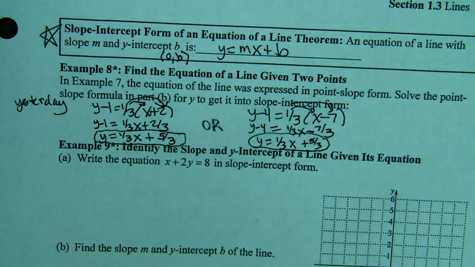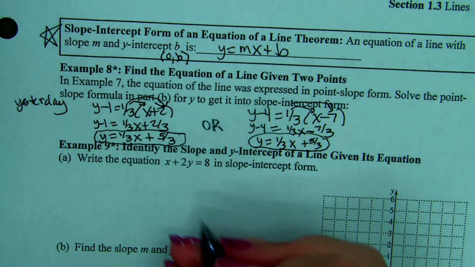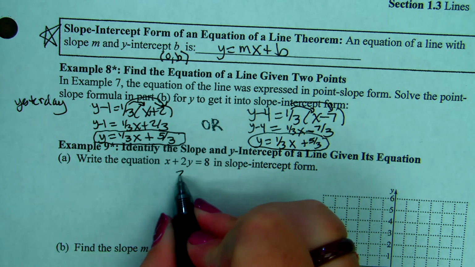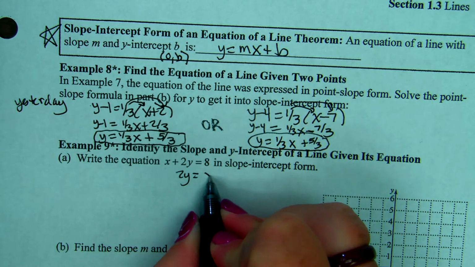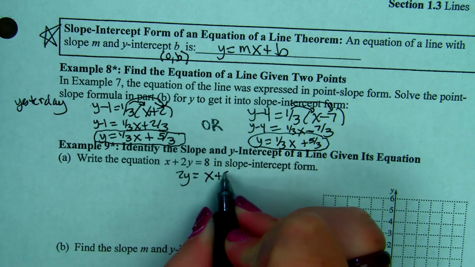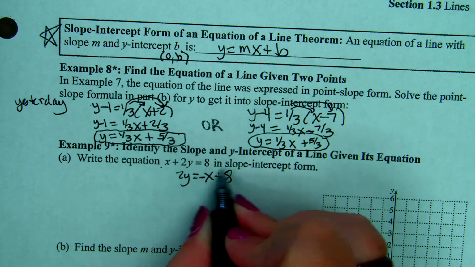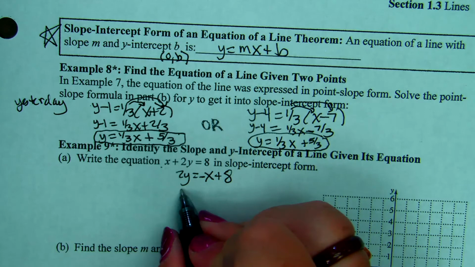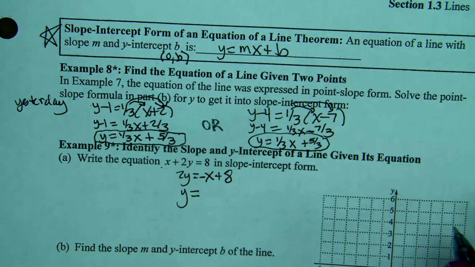Identify the slope and y-intercept of a line given its equation. So we're going to find the slope and y-intercept. So let's switch this to slope-intercept form. So we subtract x from both sides, and then what do we have to divide by? 2.